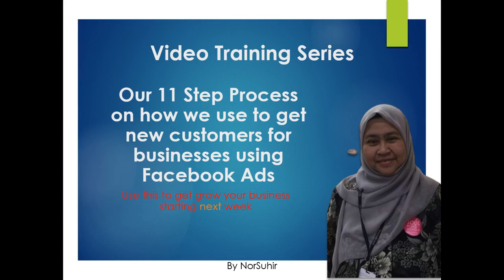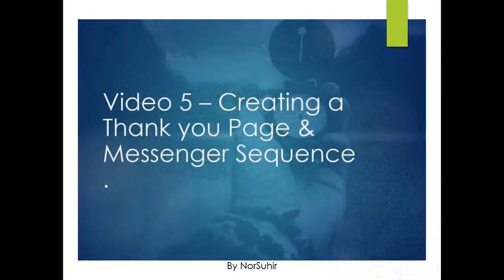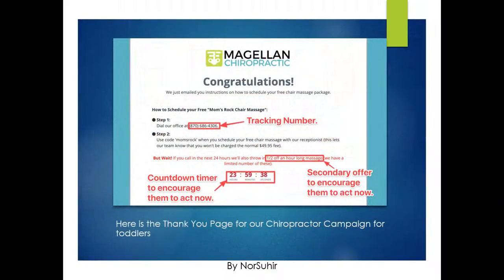And thirdly, we make a secondary offer that sweetens the deal. You'll notice in this example, we make a second offer for those that take action now. This was a secret weapon that we use.